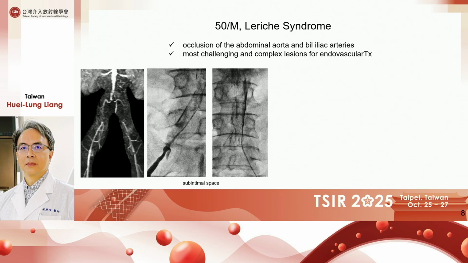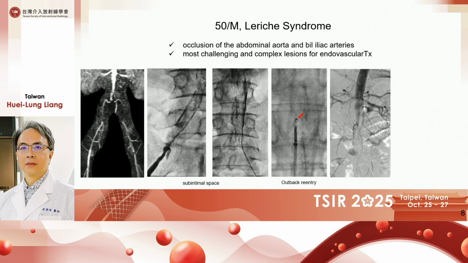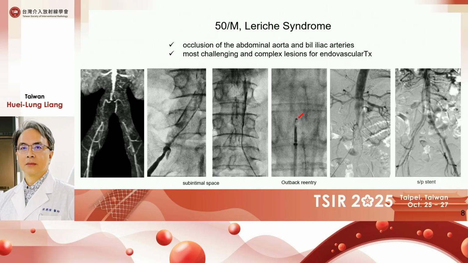After failure of spontaneous guidewire reentry into the abdominal aorta, I used an Outback catheter to accomplish the bilateral reentry process. After metallic stent placement, full restoration of the vascular flow in the abdominal aorta and the bilateral iliac artery was demonstrated.